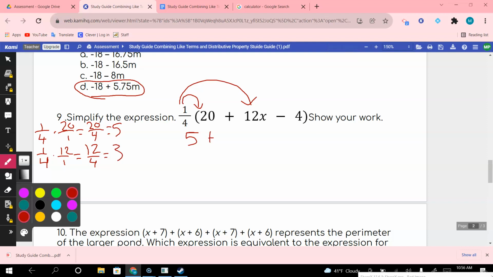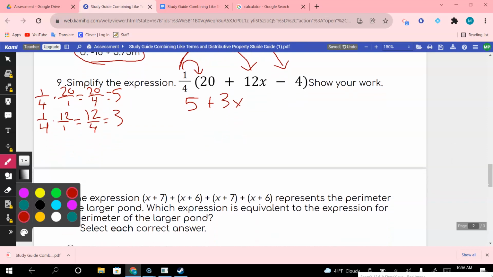So that was a positive 3x. And 1/4 times negative 4. 1/4 times 4 over 1 is 4 over 4, which is 1. And it was going to be a negative, so we're going to do minus 1.